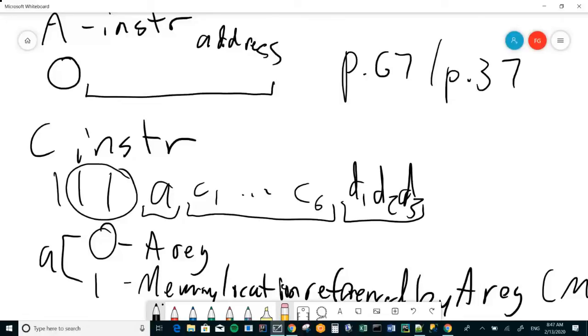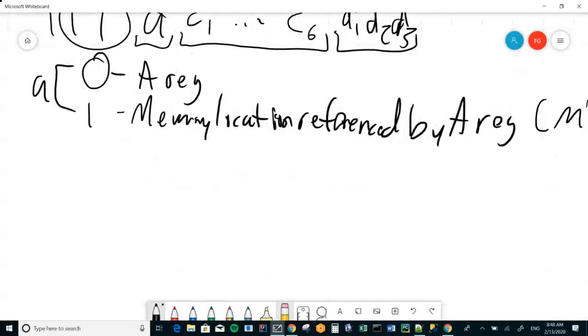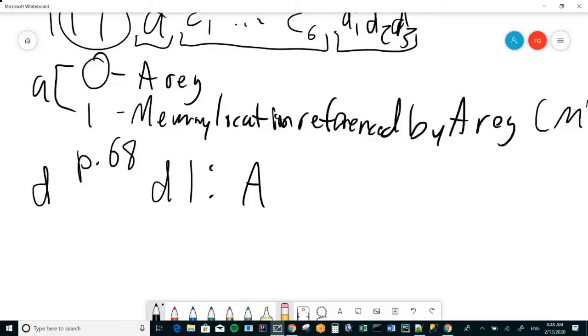So what are these mysterious destinations? Nothing mysterious at all, really, right? Thinking about the D bits, there's a nice chart on page 68 that indicates their meanings. D1 means that you're changing the A register.